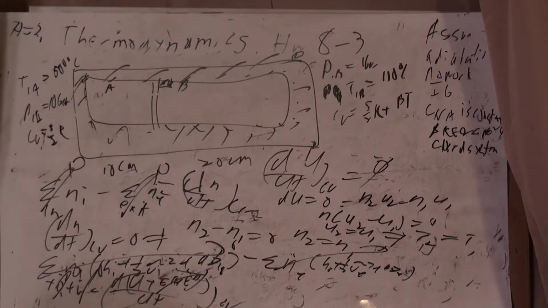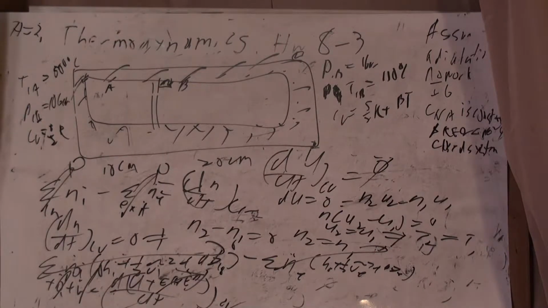We have to find an average temperature based on the amount of moles of each system. Because the more moles it has, the more kinetic energy it's going to have as a whole. Okay, it's really where we're going with this.